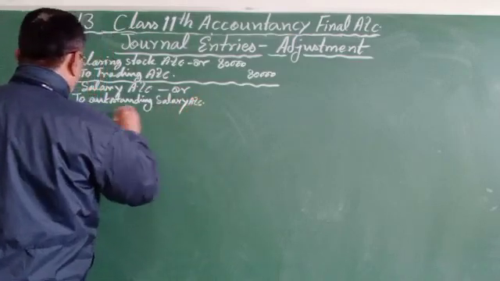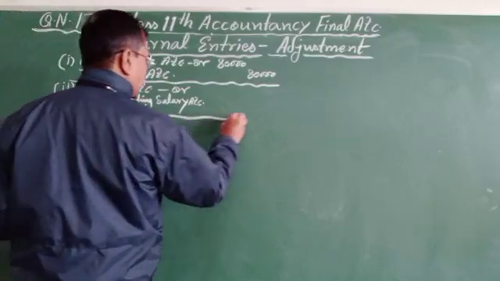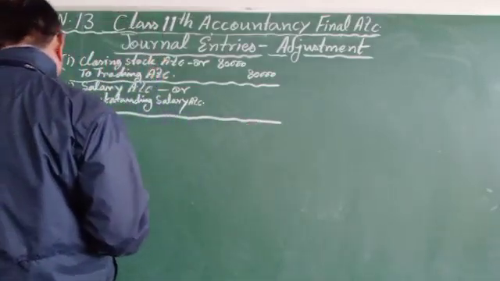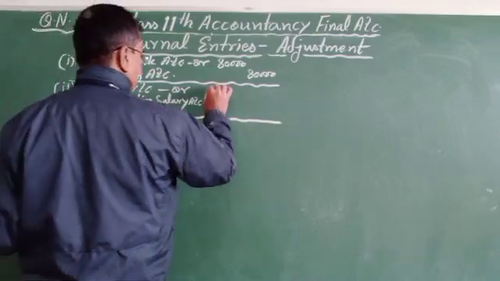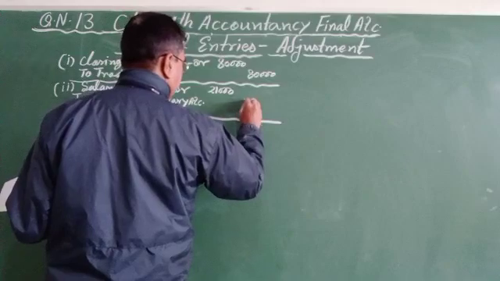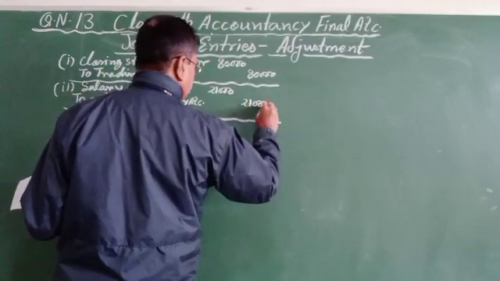That is the amount that is given. Now dear children, you can see 21,000.